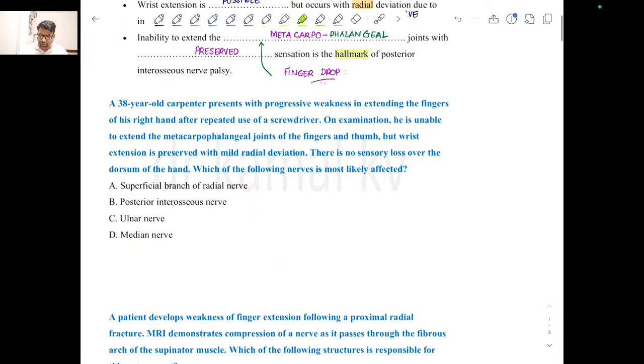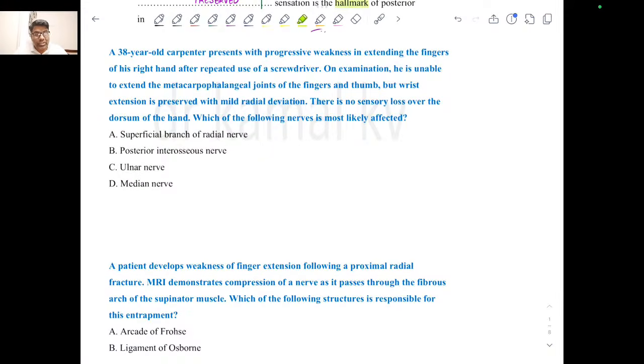Now let us take a few questions and let me check whether you understood the concept or not. There is a 38-year-old carpenter who has progressive weakness in extending the fingers of the right hand after repeated use of a screwdriver. On examination, he is unable to extend the MCP joint of the fingers and the thumb, but wrist extension is preserved and there is slight radial deviation.